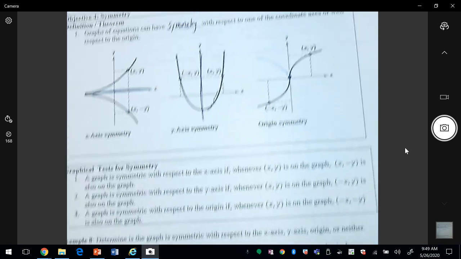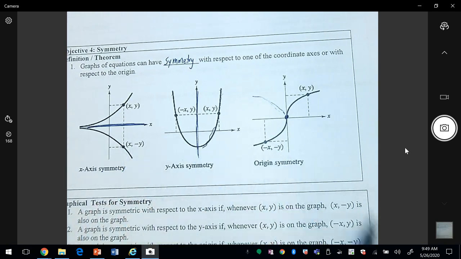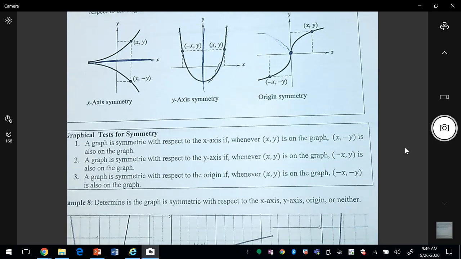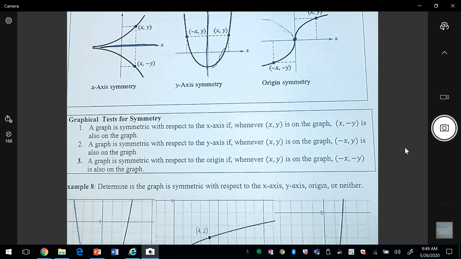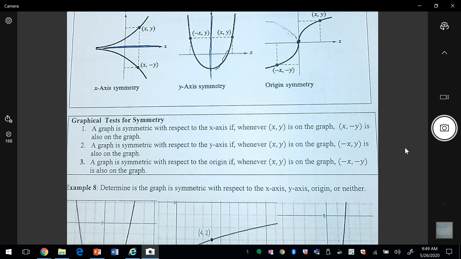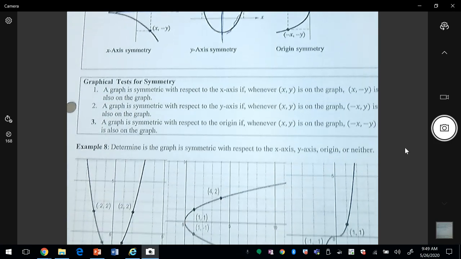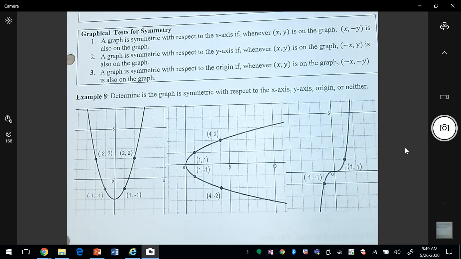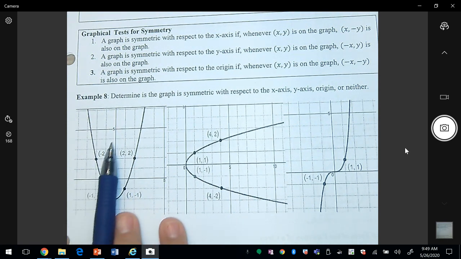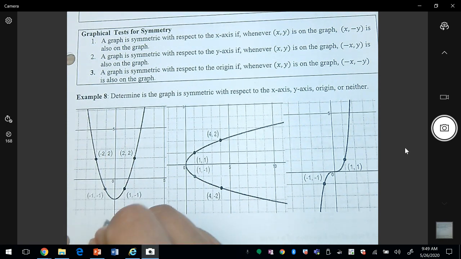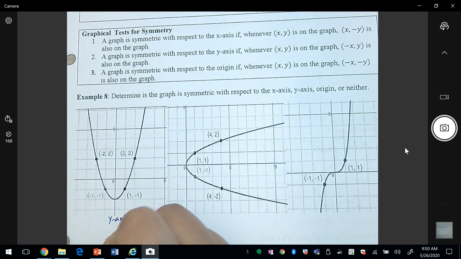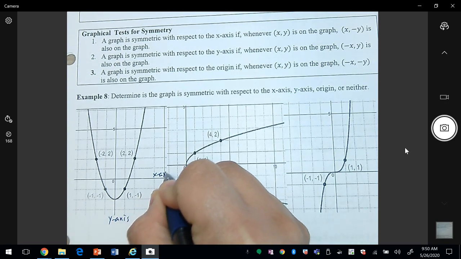We can figure out symmetry by looking at the graphs, or we also have tests that we're going to do algebraically. First, let's practice with the graphs. Example 8: is there any symmetry for this graph? This is your y-axis, and this is your x-axis.